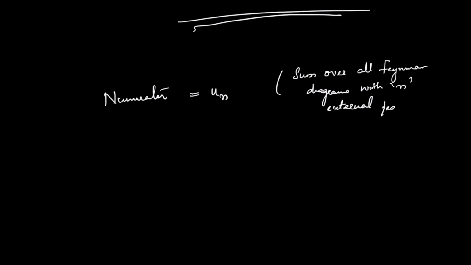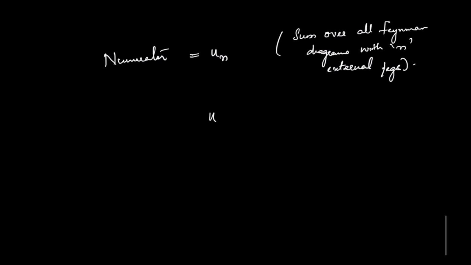Then if I represent the denominator by U0, then it is the sum over all the Feynman diagrams with 0 external legs.